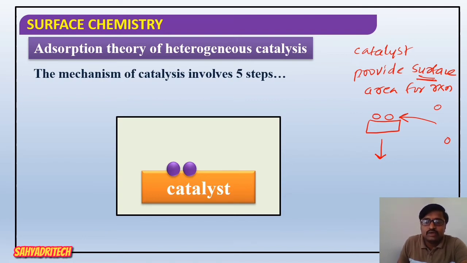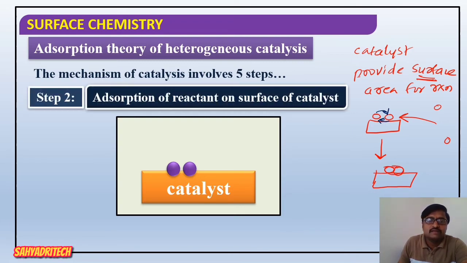Once diffused, these reactant molecules come very close to one another so that interaction is possible. Once they interact on the surface of a catalyst, there will be formation of an intermediate.